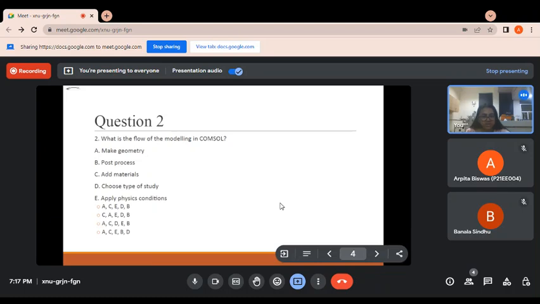If we want to match the theoretical data with the practical fabricated device, in that case the simulation is needed. So we use COMSOL software where we model some of the devices, and here we are discussing the process flow of COMSOL.